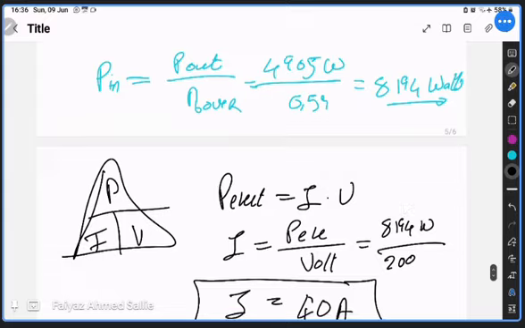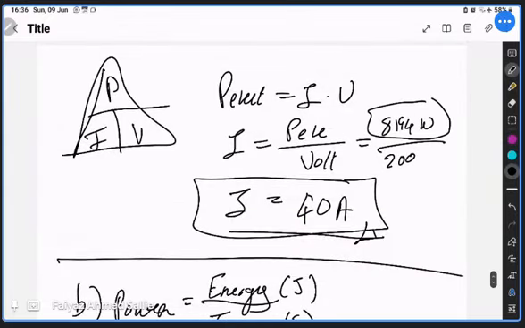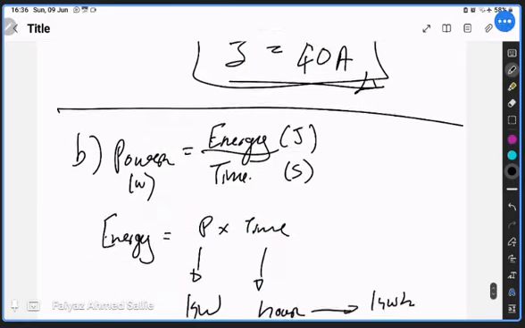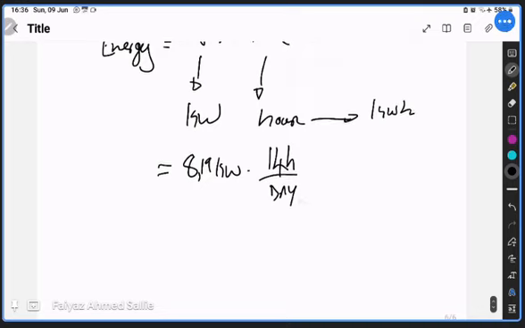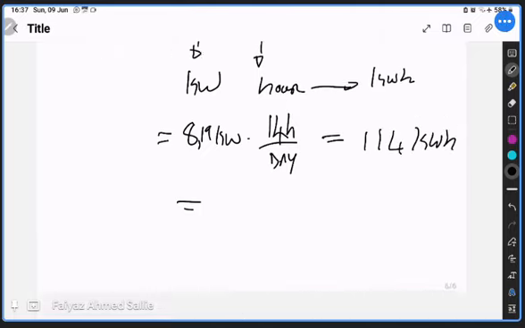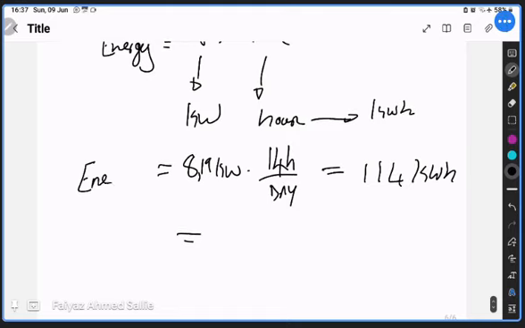Our electrical power is 8,194 watts, so we convert that to 8.19 kilowatts multiplied by 14 hours a day, and our answer here is going to be 114 kilowatt hours. That is our total energy.